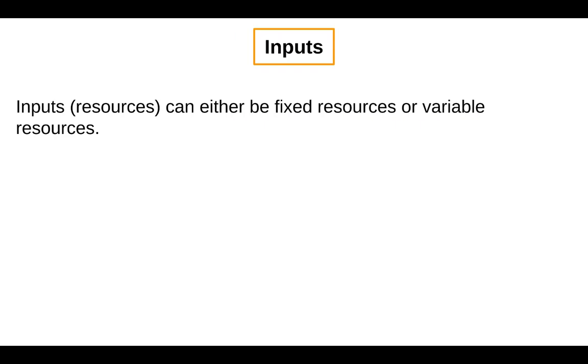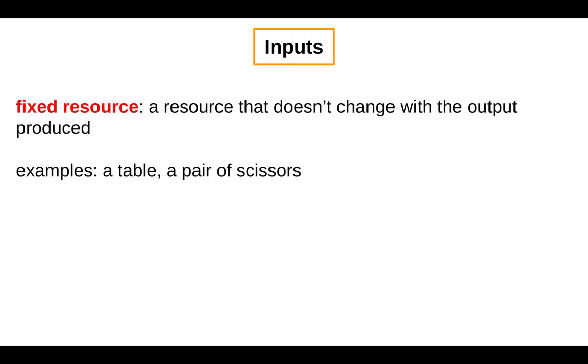So remember, we talked in Unit 1 that inputs are another word for resources. And one thing that I didn't mention when we originally talked about resources was that they can either be fixed or variable. A fixed resource is a resource that doesn't change with the output produced.